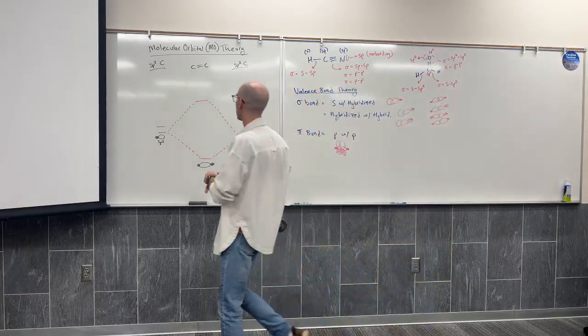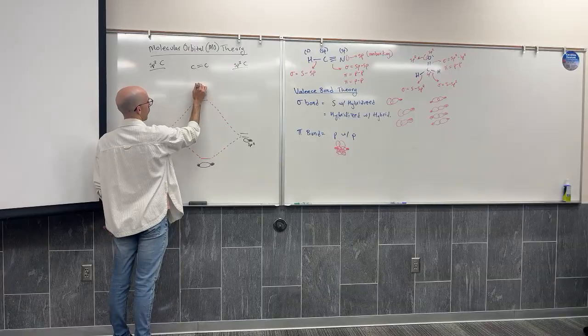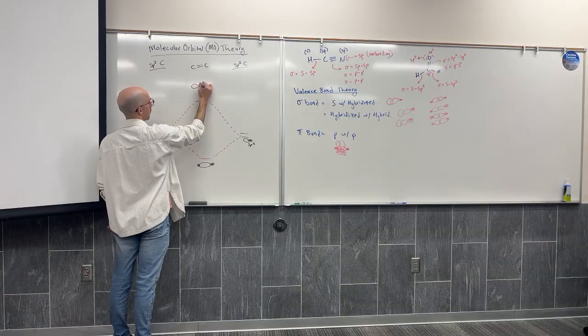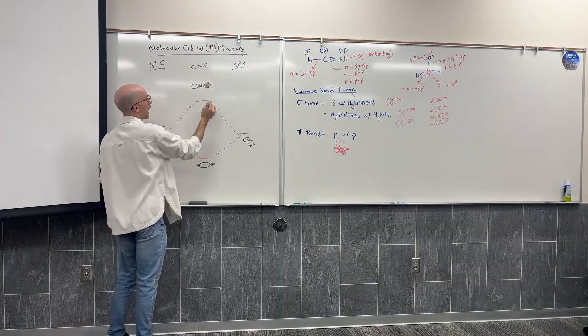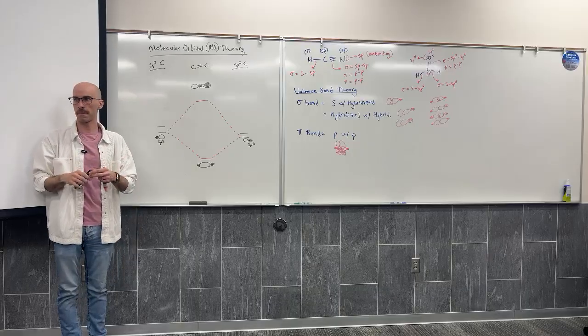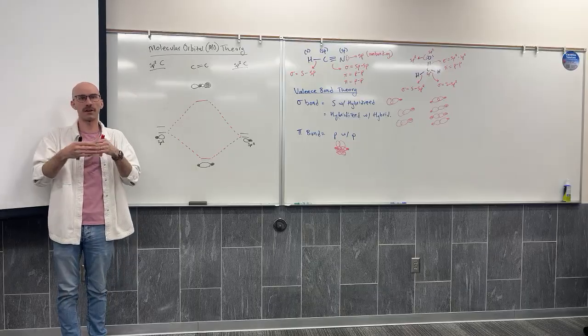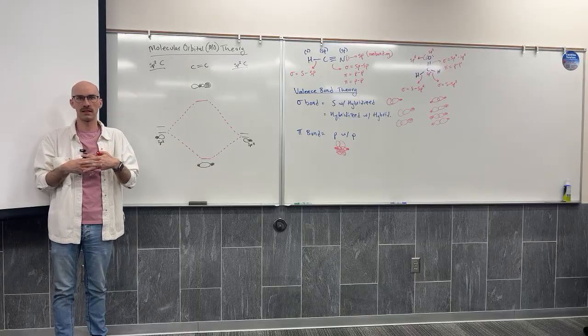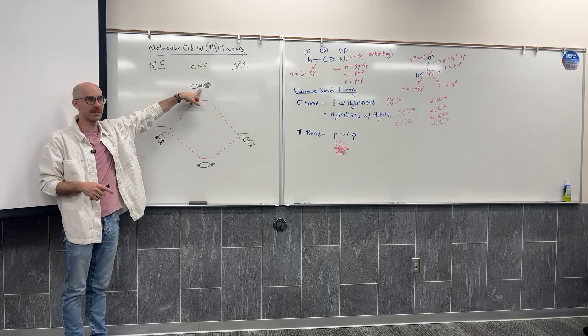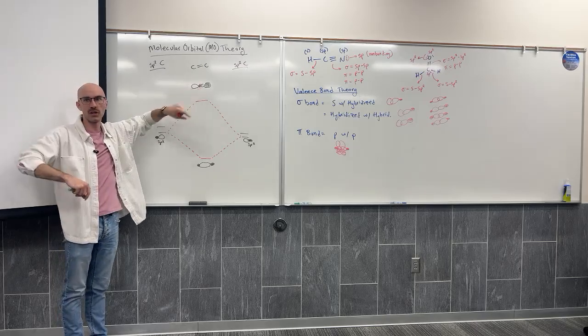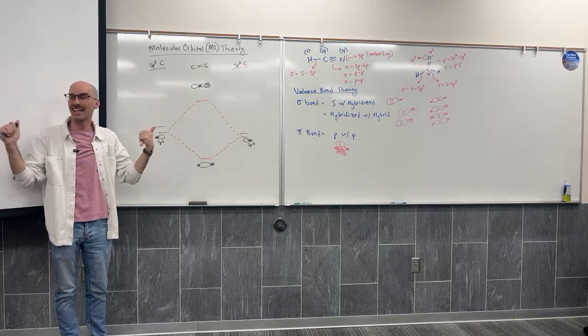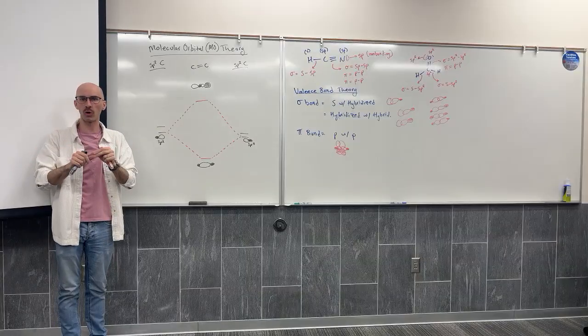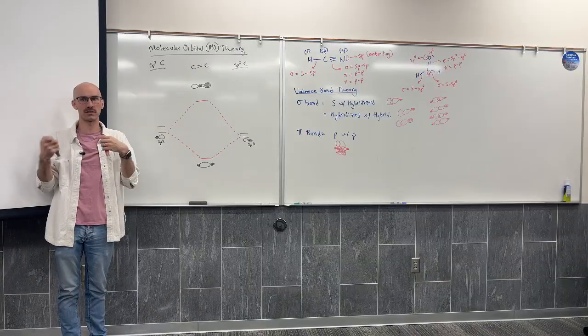Instead of having them come together overlapped, it has them come together out of phase. Instead of in phase overlapped, they're out of phase overlapped. And when they come together out of phase, they subtract in the middle, they grow on the outside. It actually just looks like two orbitals pointing in different directions.